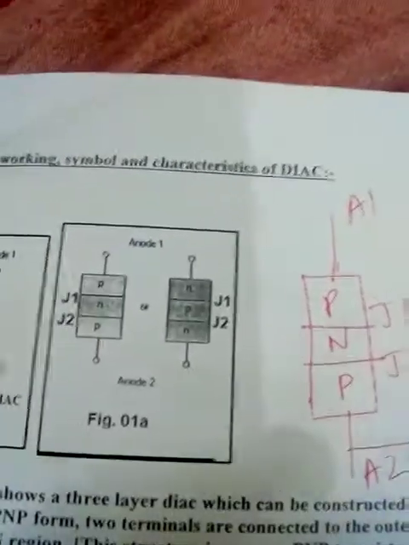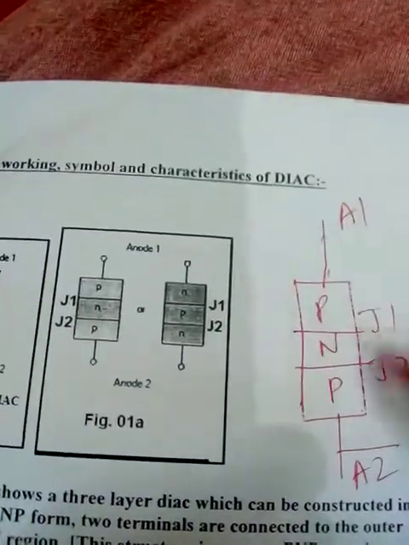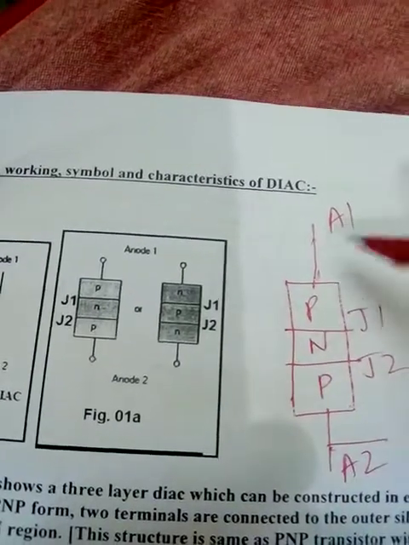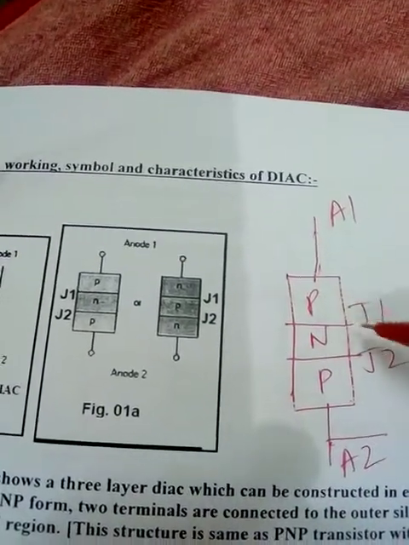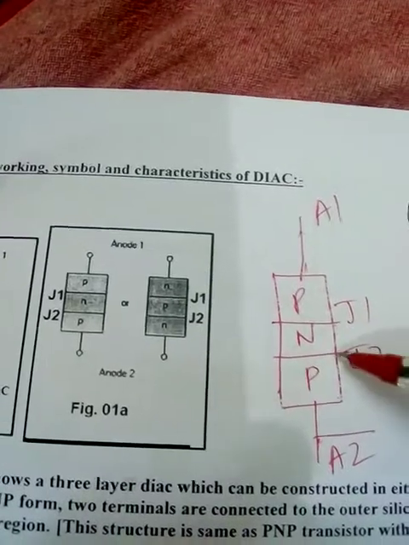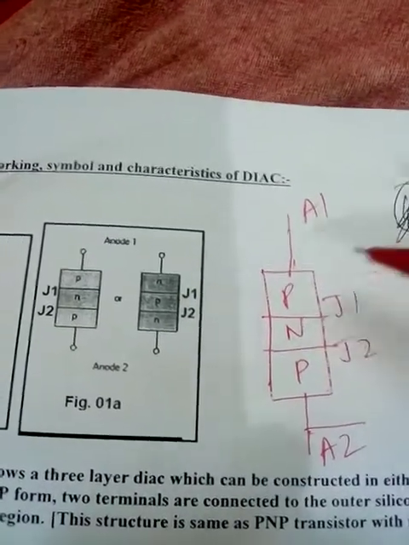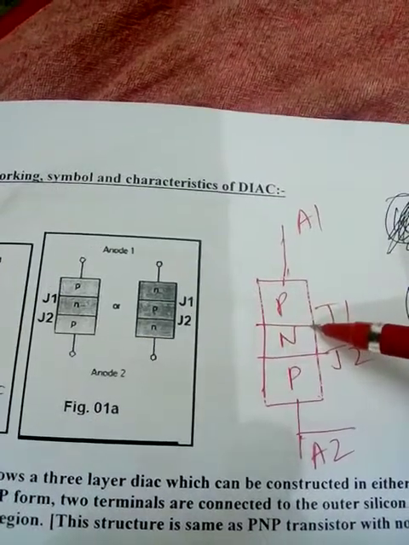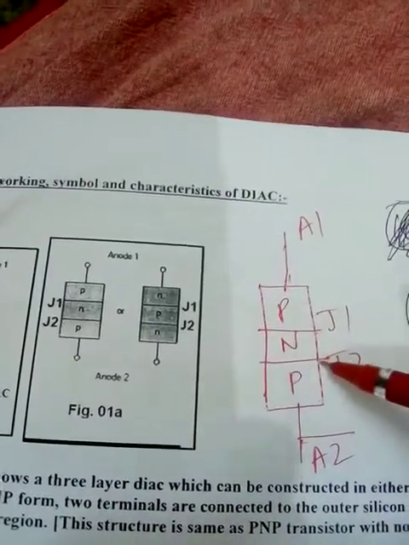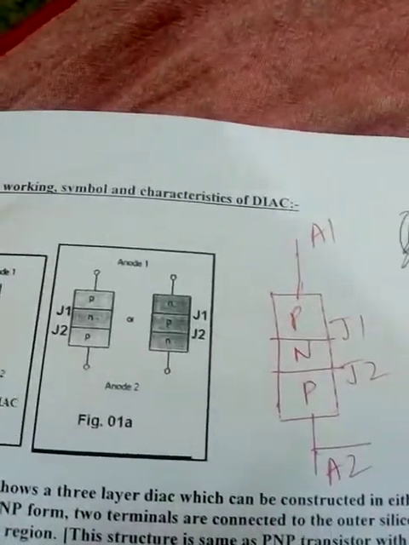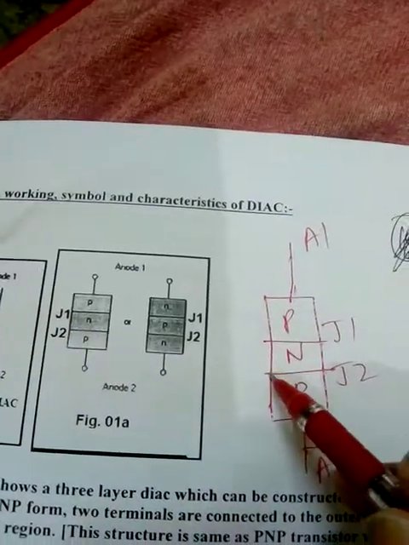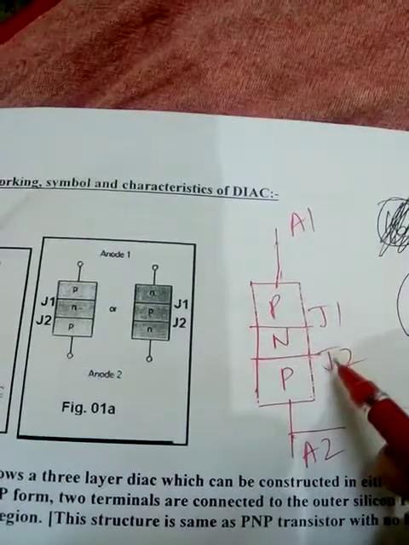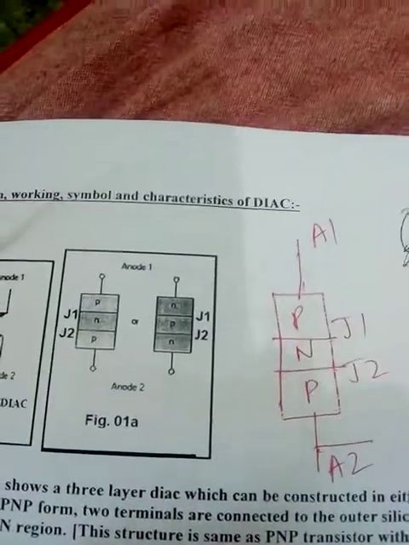Suppose you apply positive here and negative here. Junction J1 will be forward biased and J2 will be reverse biased, because this is P and this is N. Due to the reverse biased junction J2, the diac will not conduct.